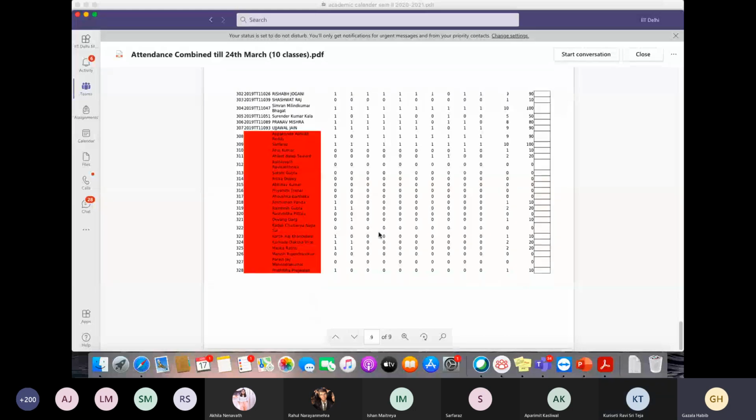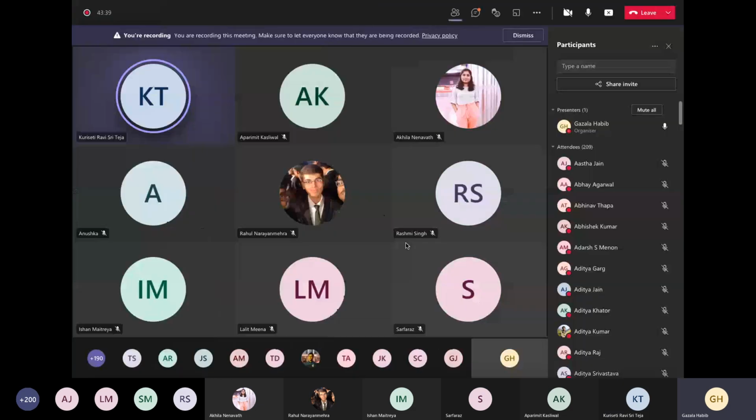But it seems like most of these are people who have dropped. Probably, I guess they have attended from their personal ID. I don't know. Let me see. But if you have attended from a personal ID, then whoever attends the class, it will show up.